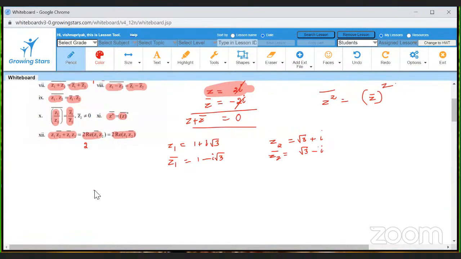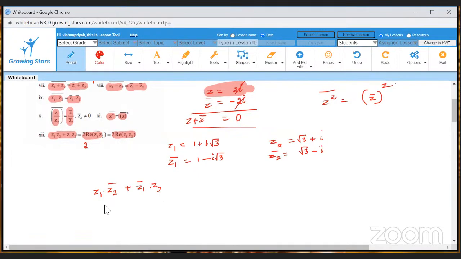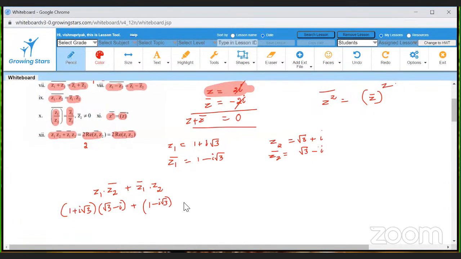So, if I want to multiply z1 into z2 bar and z1 bar into z2 and add, that means I am multiplying 1 plus i root 3 into root 3 minus i, plus 1 minus i root 3 into root 3 plus i.